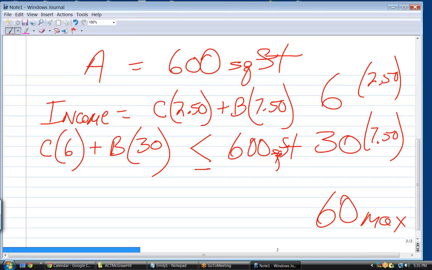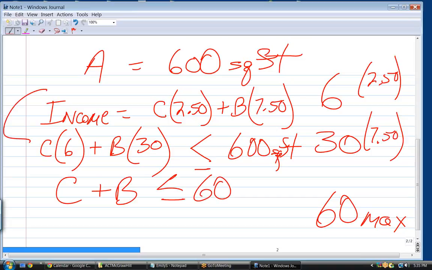We also know that cars and buses have to be less than or equal to 60. Okay, so these three equations or inequalities are what we have to start with. You with me? Yep. Okay.